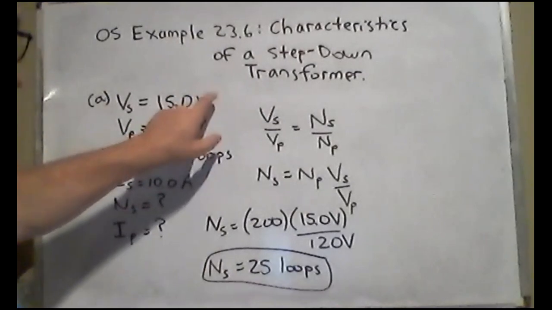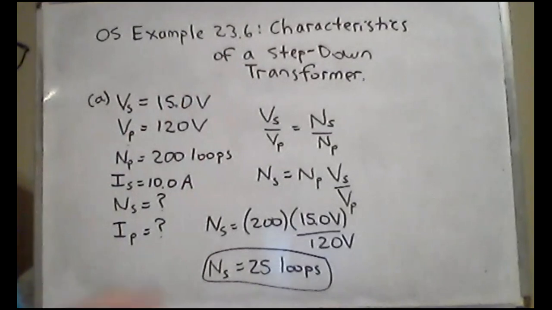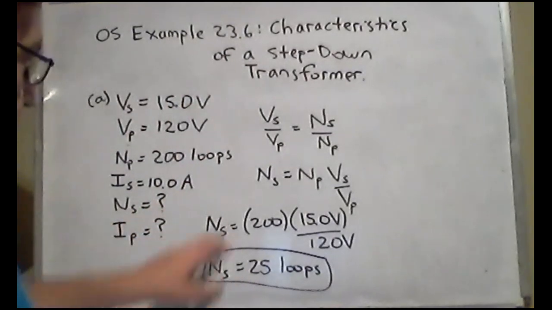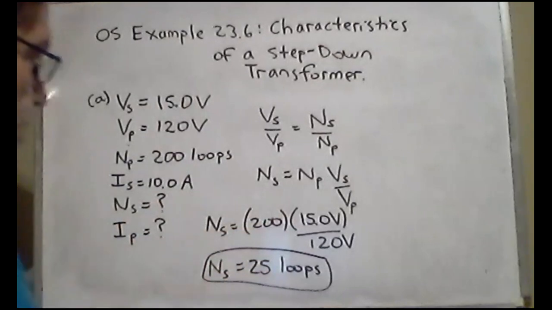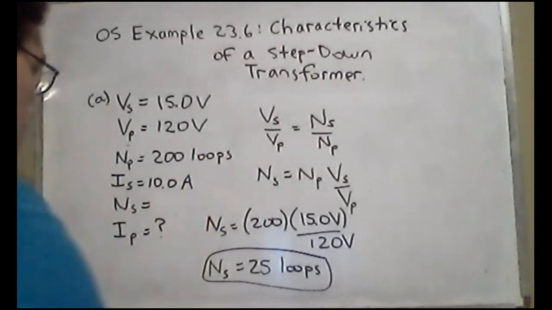We need to have a certain voltage at the charger. That's V sub S. And we don't know how many loops there are at the charger, at the actual device. So we calculate that through a transformer. So the device needs to have 25 loops at the charger end of the transformer.